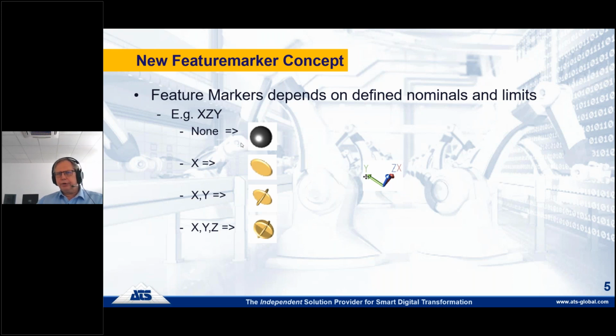If no nominal is defined, it shows a sphere. If X is defined, it will show a disk. If XY is defined, it will show these two intersections. And if all three, then you have the feature marker you might have seen already when you had a first look at version 25.